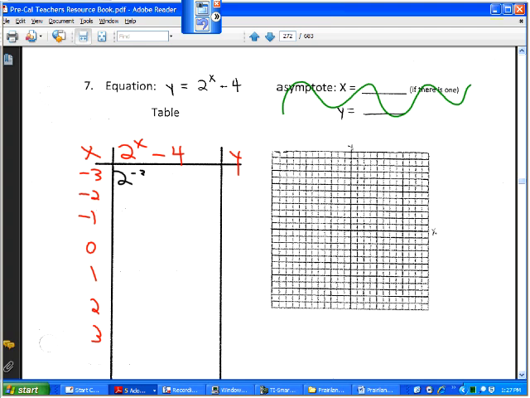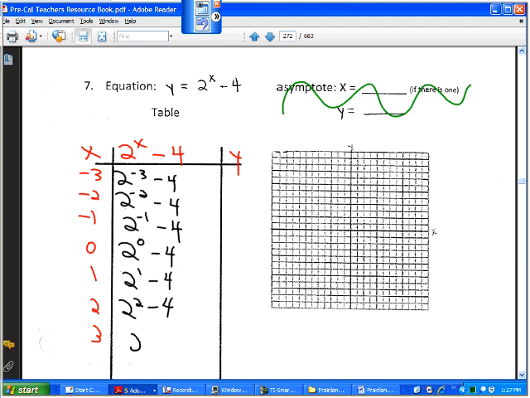So we're going to have 2 raised to the -3 minus 4, 2 raised to the -2 minus 4, 2 raised to the -1 minus 4, 2 raised to the 0 minus 4, 2 raised to the 1 minus 4, etc. And we have to know our basic laws of exponents.